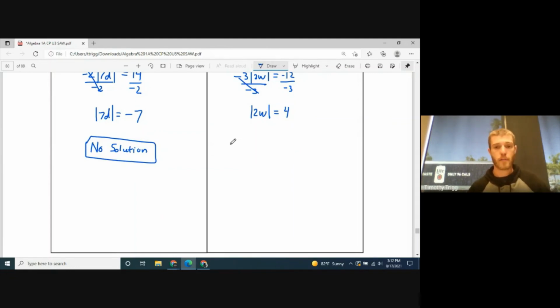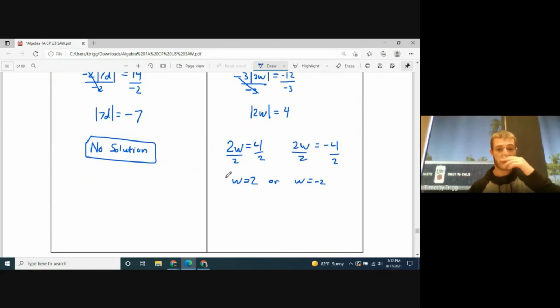There's a fly here. It's very annoying. We'll have 2w equals 4, and then 2w equals -4. So there's a plus or minus version. Divide by 2 on both sides here, gives you that w equals 2. Divide by 2 on both sides here, gives you that w equals -2. So w equals 2 or w equals -2.